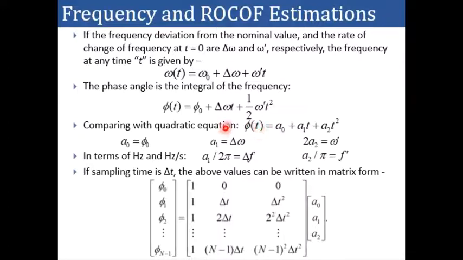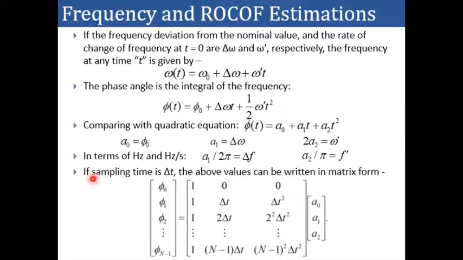If you compare this expression with the quadratic equation, say phi t is equal to a naught plus a1 t plus a2 t square, we can say a naught is equal to phi naught, a1 equal to delta omega, twice of a2 equal to omega dash. Now in terms of frequency and rate of change of frequency, we can simply write a1 by 2 pi equal to delta f and a2 by pi is equal to f dash.